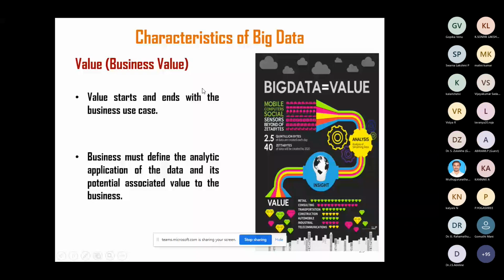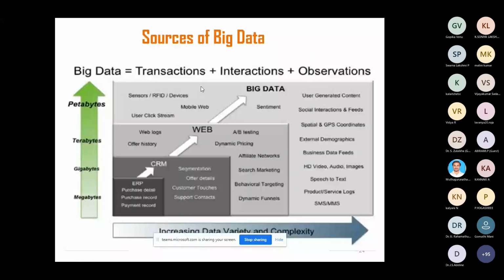Right now, coming to the sources from where this data is being populated, it starts from a small ERP application to big data sources, which means data from a small ERP, like the purchase details or the payment details or the purchase history related to that, all this will be available.